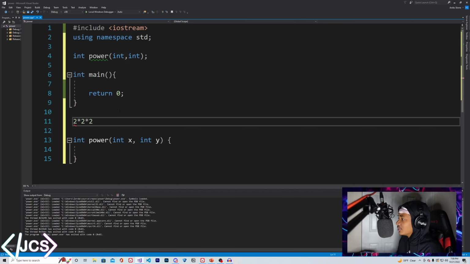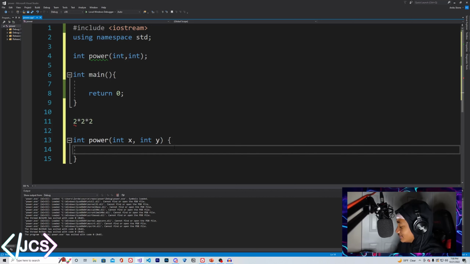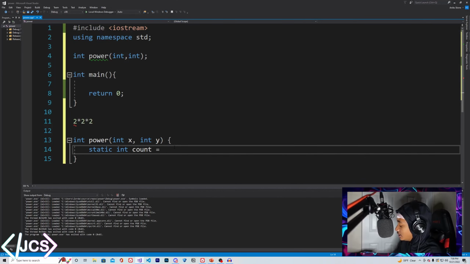Now, we're going to run this function, and I'm going to type this out as I go. We're starting off with 2. That's the parameter. Actually, hold on. There's one thing we do need: static int count equals 0.